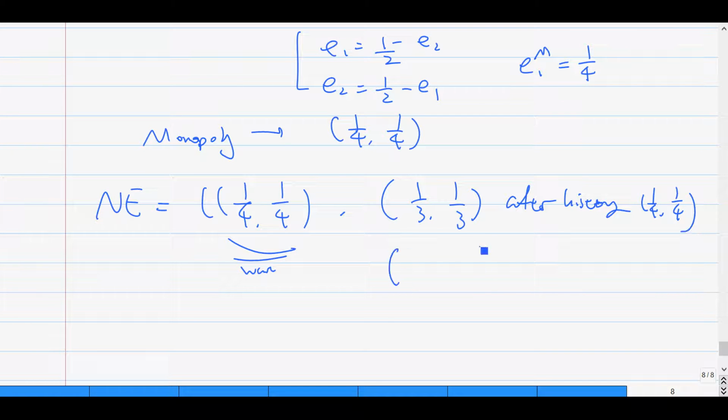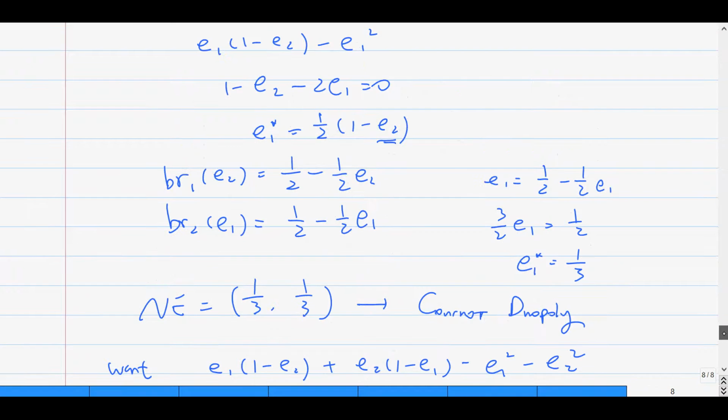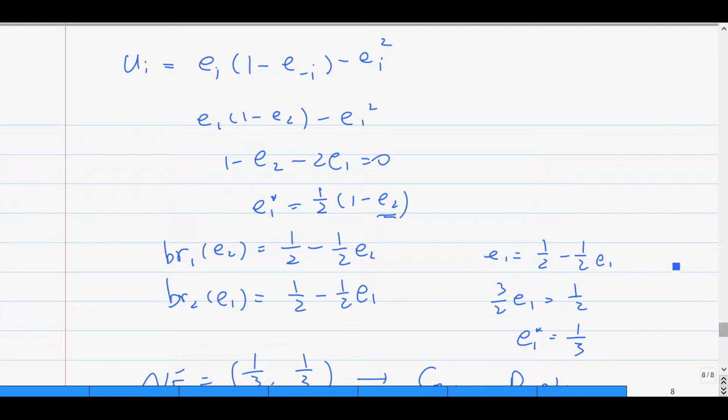Then we need to have a punishment strategy after all other histories. How am I going to punish the other guy? If I make it 1, then it's probably okay. Let's see why this works. We want to minimize the maximum of the other guy, so the maximum of the other guy should be 0.